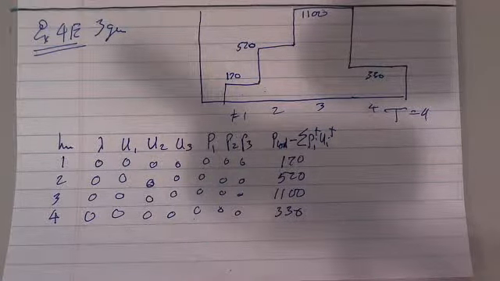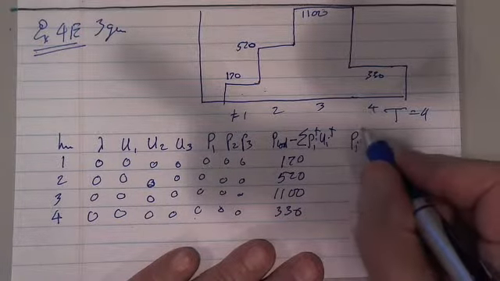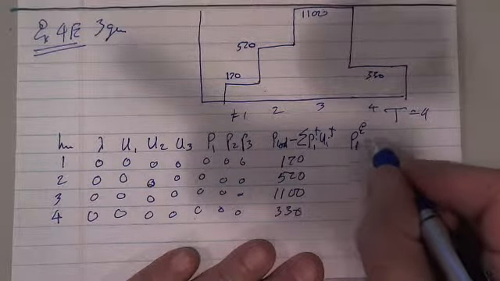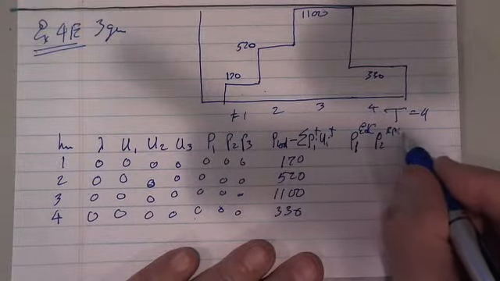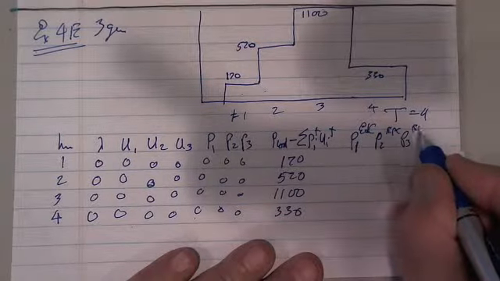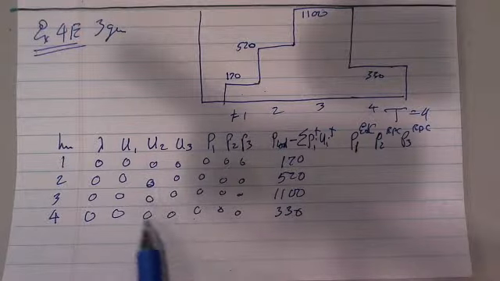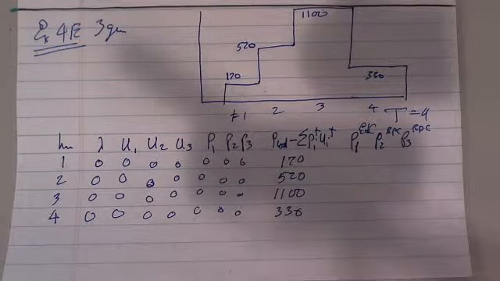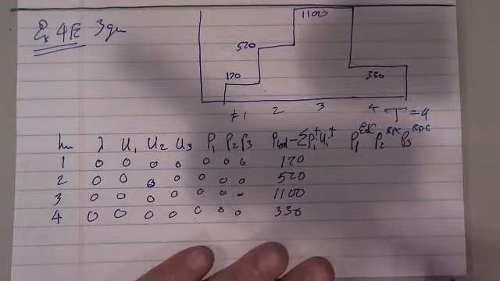And the generators are all off, so I don't have any generators on, but later on I'm going to solve a standard economic dispatch, so I call that P1 EDC, P2 EDC, P3 EDC, meaning later on I will have committed some units during each hour, and during those hours when I have enough generation to equal the load, then I'm going to solve an economic dispatch and put the numbers in here.